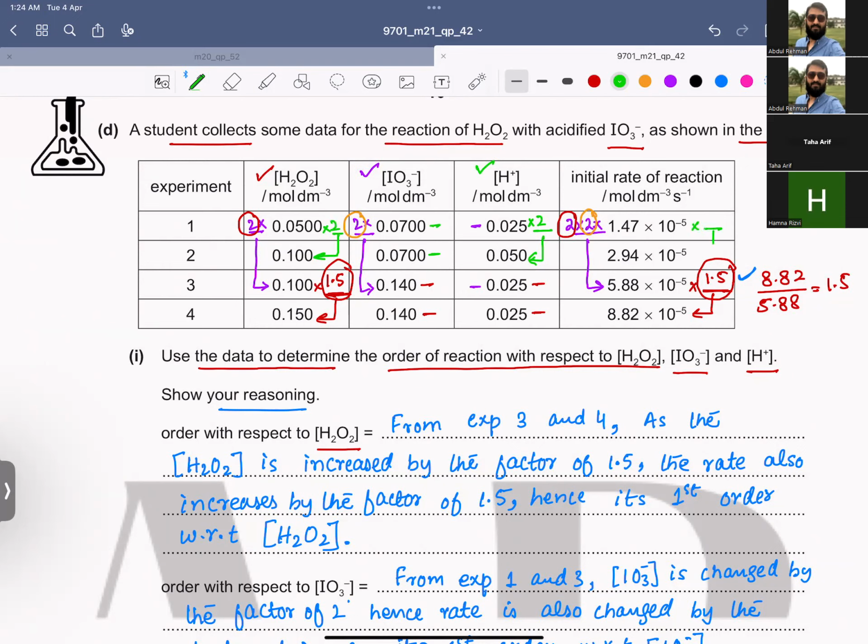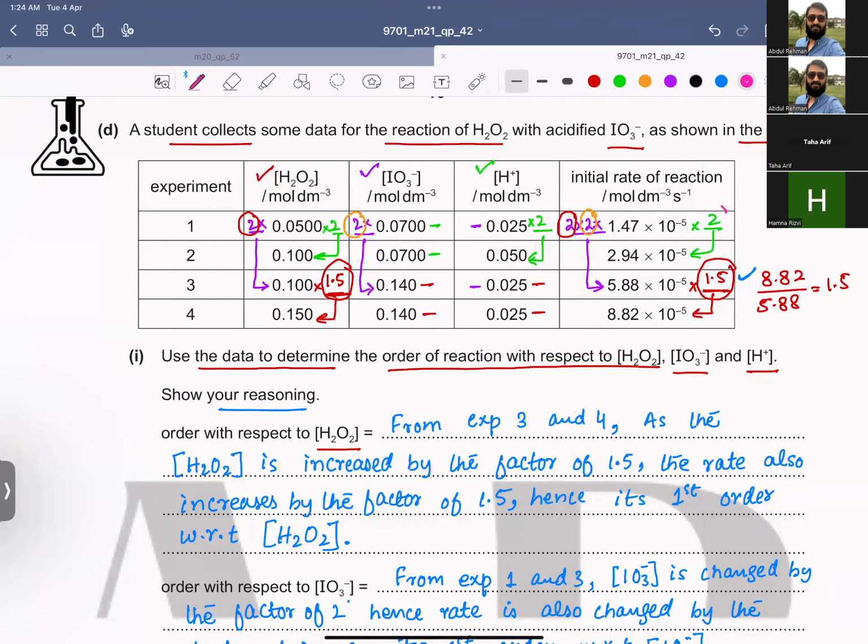So by which factor is the rate changing? 2. Yes, 2. We already know that it is first order with respect to the concentration of hydrogen peroxide.